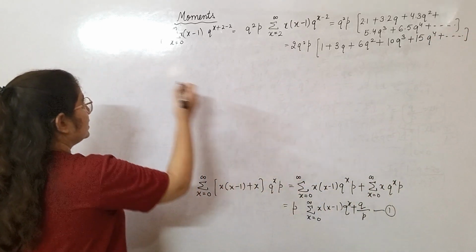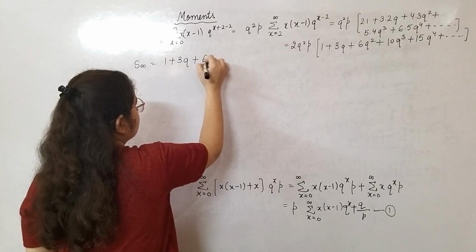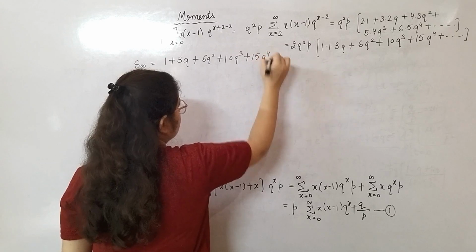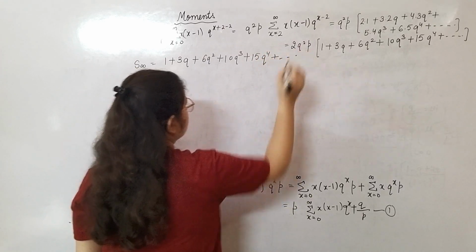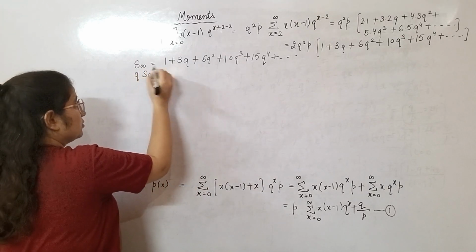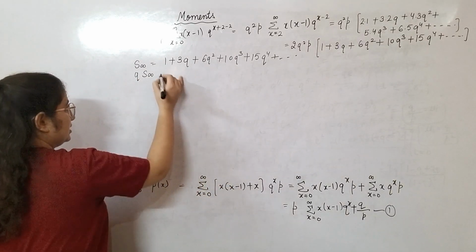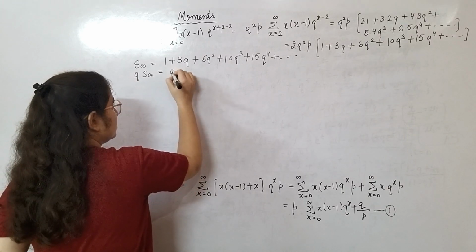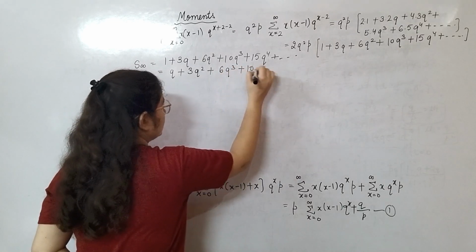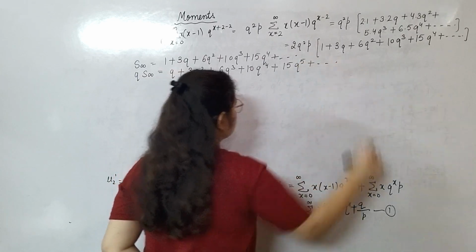Okay. Now how will I solve that series? Series s infinity is 1 plus 3q plus 6q square plus 10q cube plus 15q raised to the power 4 and so on. Now multiply this series with q, because every term is increasing by q in geometric form, so I am multiplying by q. q into s infinity is equal to q plus 3q square plus 6q cube plus 10q to the power 4 plus 15q to the power 5 and so on.